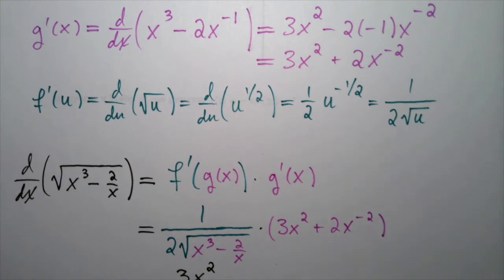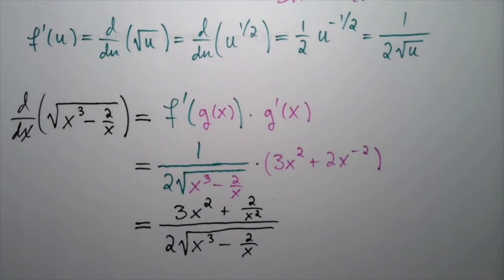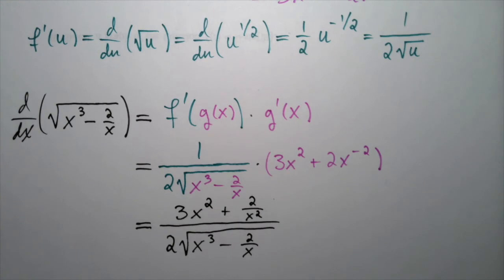And now I am going to write the x to the minus 2 as 2 over x squared. So that's this piece up on top. And then downstairs I have 2 times the square root of x cubed minus 2 over x. Like so. That's the derivative.